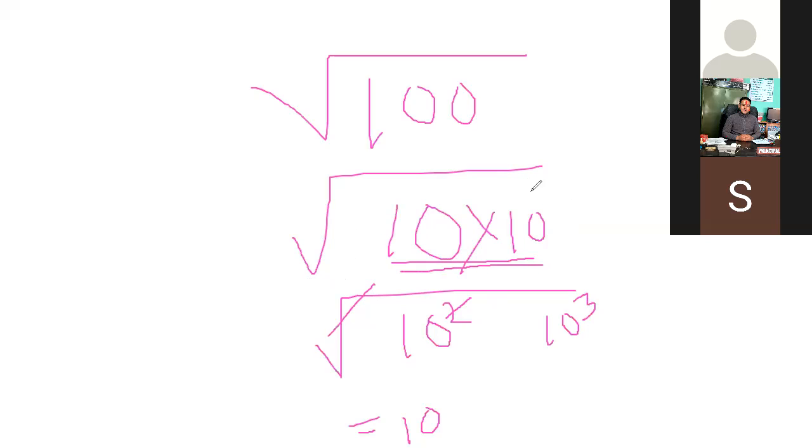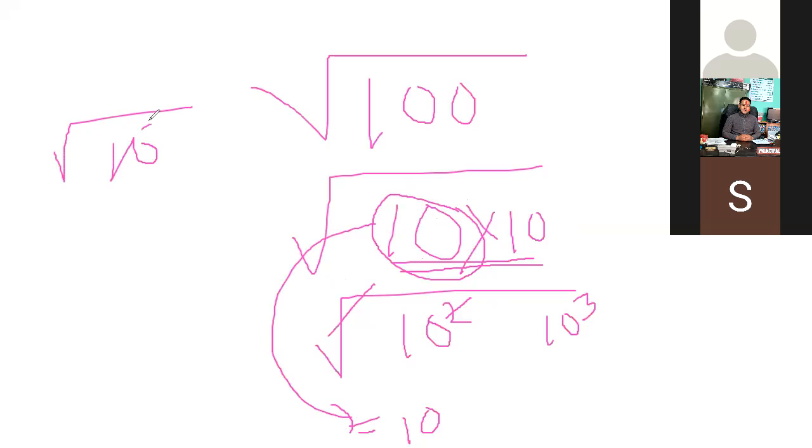When there is a pair, one comes out of the square root. So this 10 came out. But as you know, this 10 is square. Now this square root means what? The square word is there, yes. So when there is a square, we can remove this root sign. As you said, that's true.